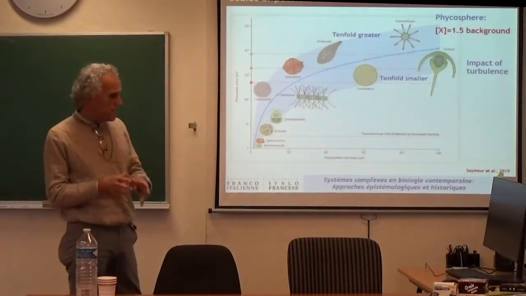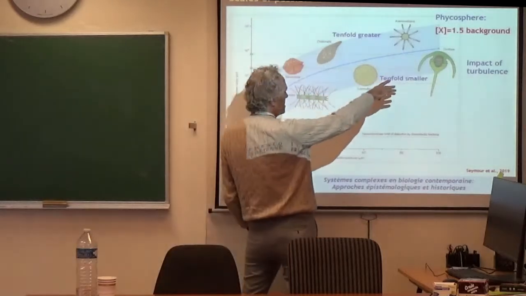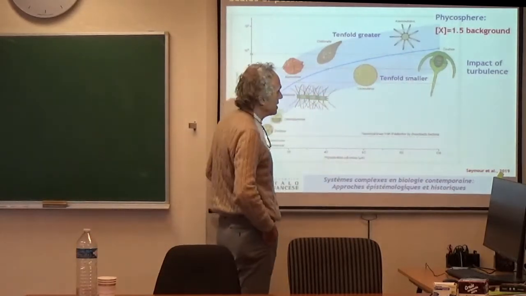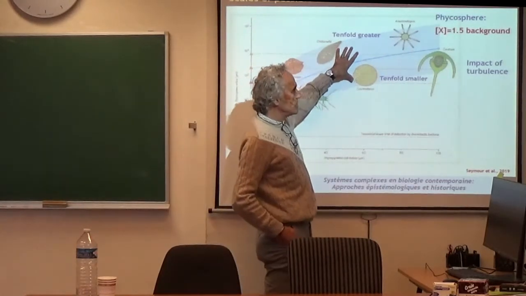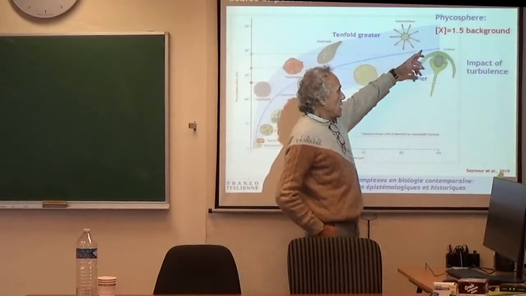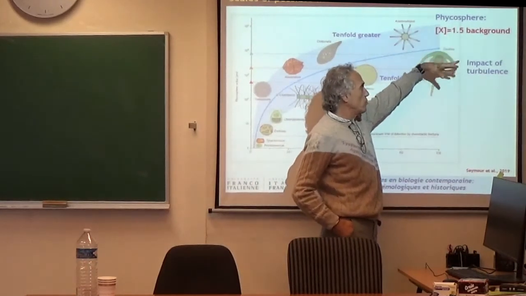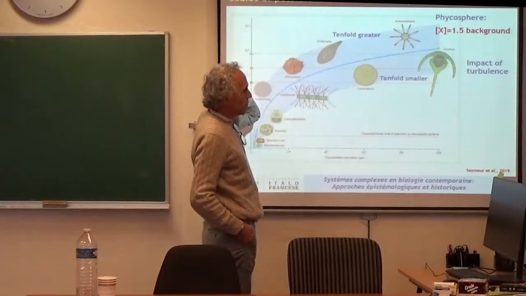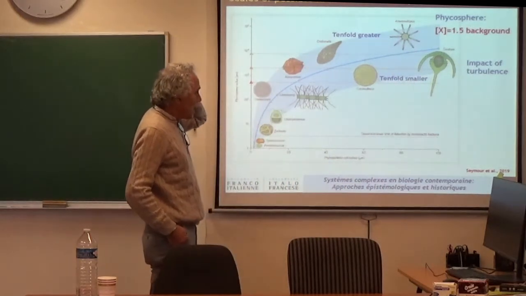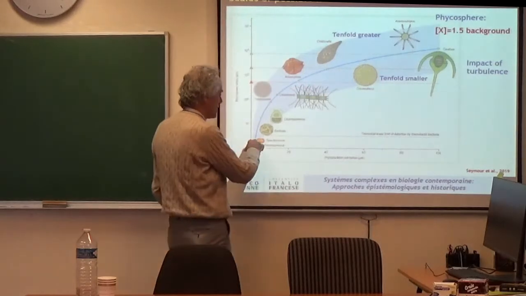Of course, it depends on cell diameter, so you have different cell sizes. You can consider the phycosphere, which is the cell boundary layer, as something with a concentration of a given substance between 1 and 0.5 with respect to background conditions. And then you have a range of possibilities.